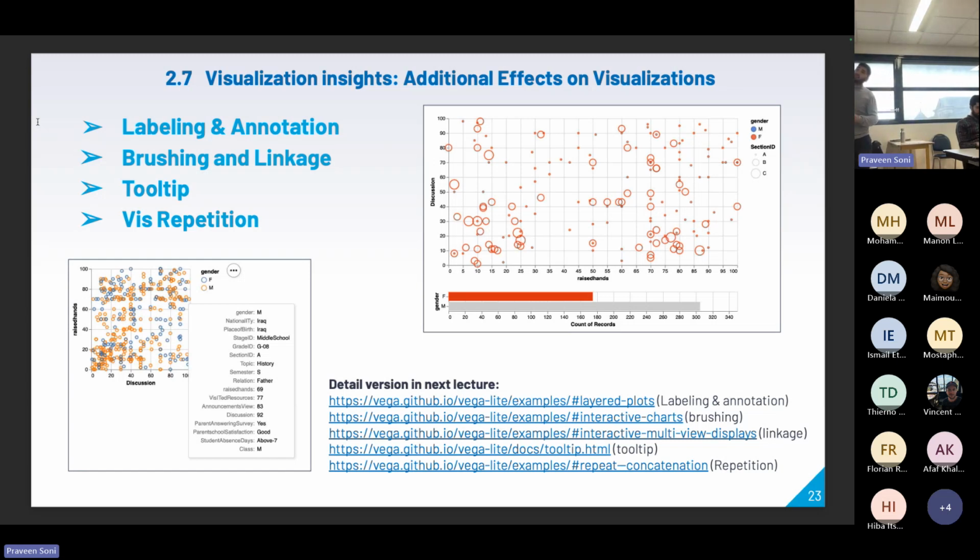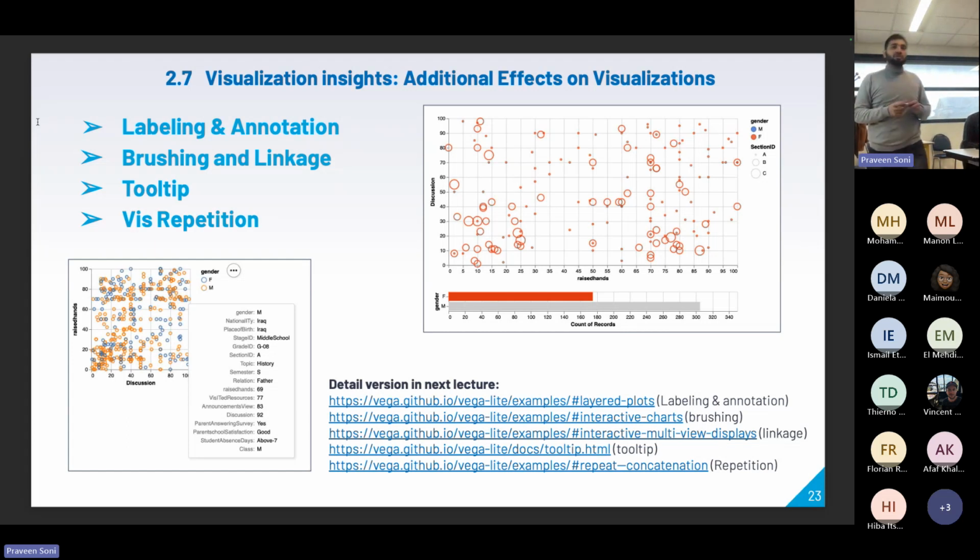Last over here is visualization repetition. Just suppose I want to plot four scatter plots like this. I want to keep the x-axis the same and just change the y-axis.